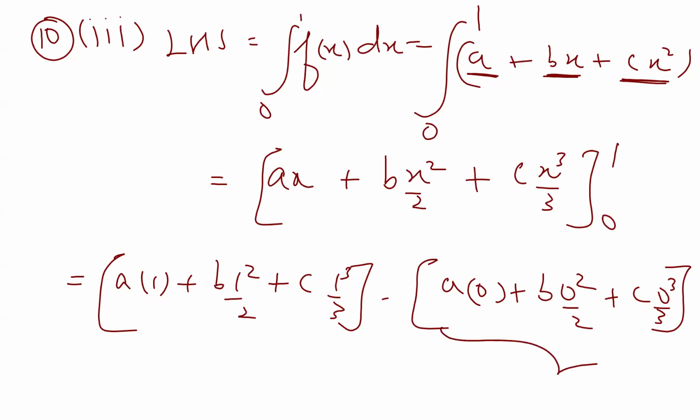This entire box is 0. So this is going to be a plus b by 2 plus c by 3. This is your left hand side.